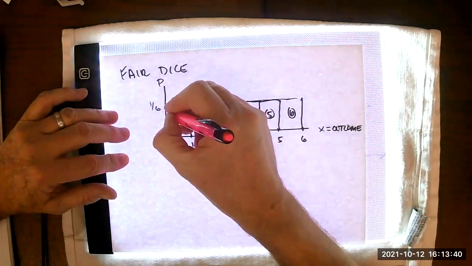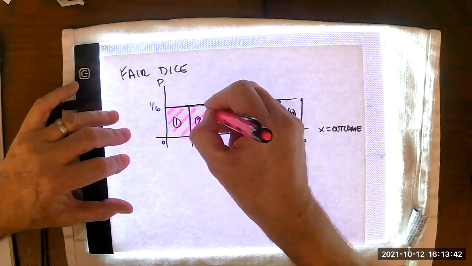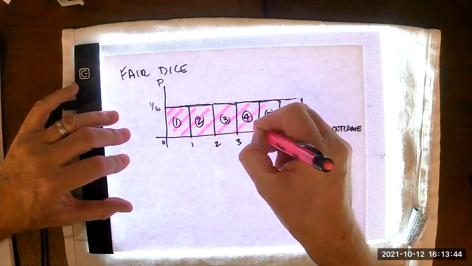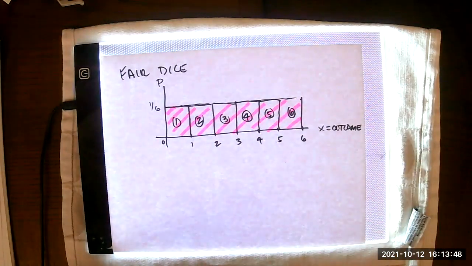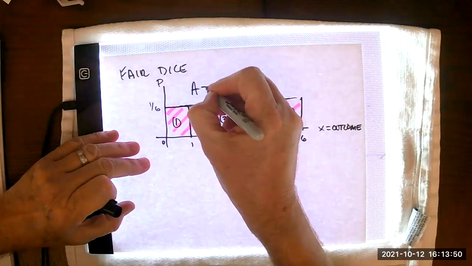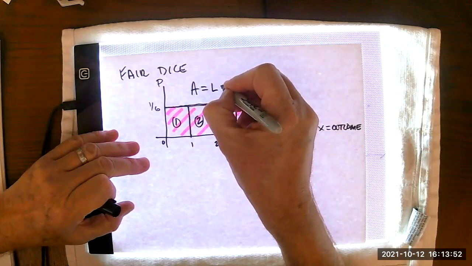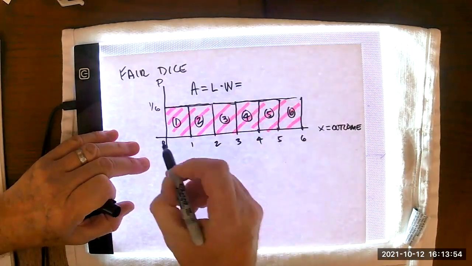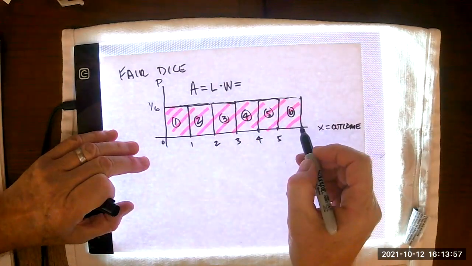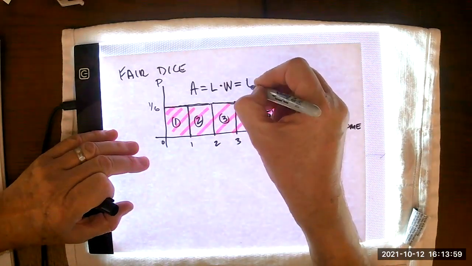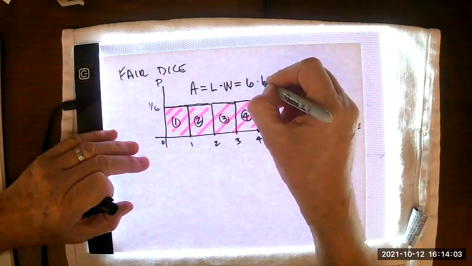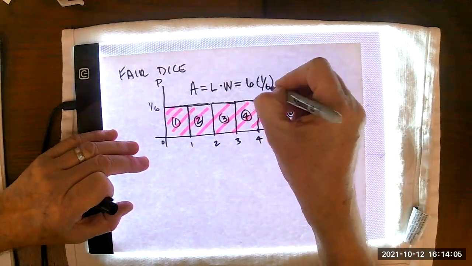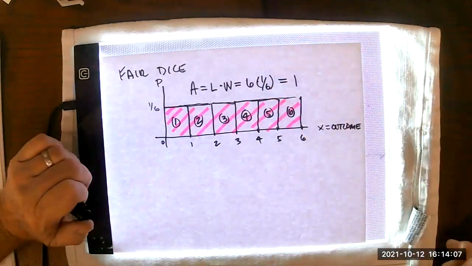If I take a look at the area covered by this histogram, I note that the area is length times width. The length, 0 to 6, is 6. The width of that rectangle is 1/6. So it's 6 times 1/6, or 1.